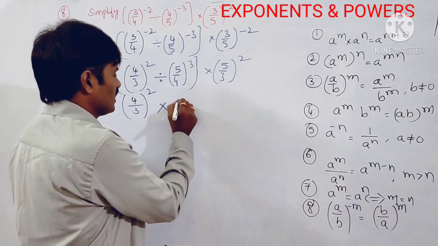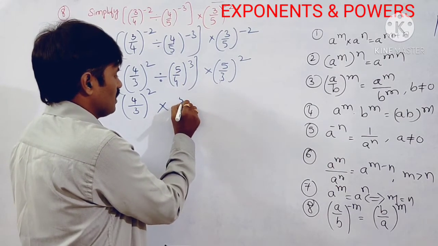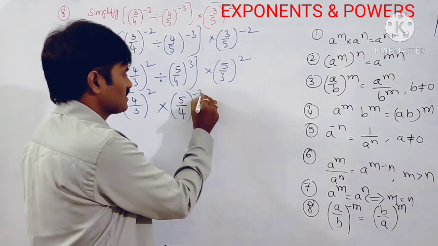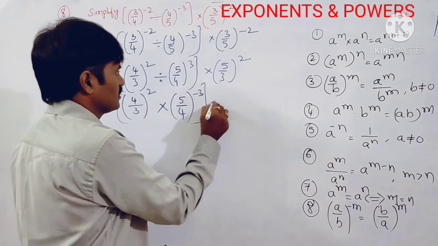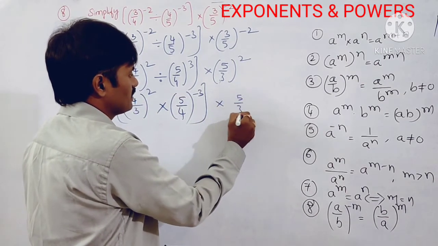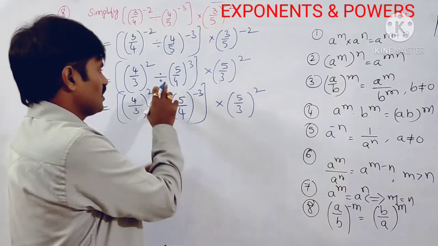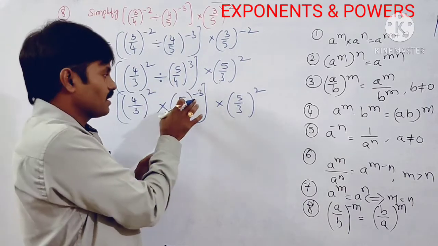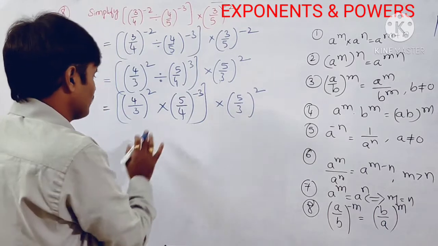Then it becomes (5 by 4) whole to the power of minus 3, into (5 by 3) whole square. Divided by means it is in the denominator; if you bring it to the numerator, it becomes a negative power. So that I have converted.